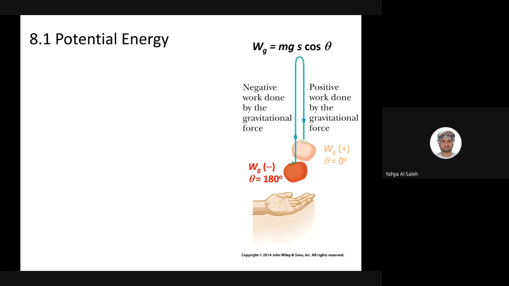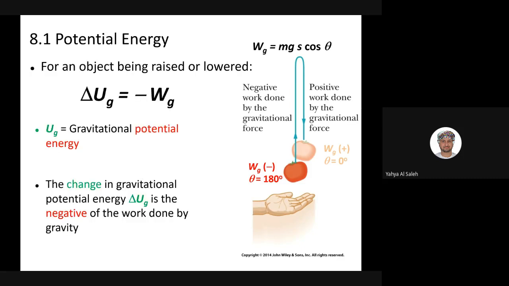Now, potential energy. Whenever something goes up, say I throw an apple, while it is going up, there is work done by gravity on it. This is why it slows down, assuming no air friction.